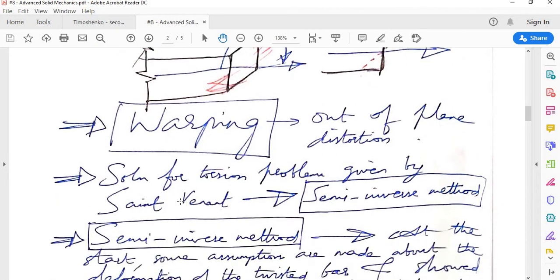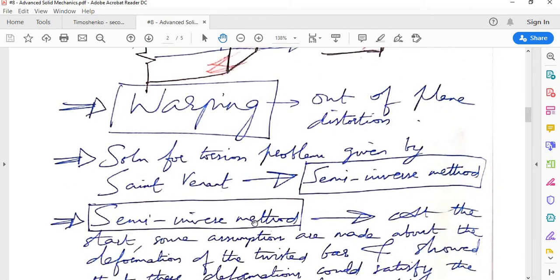Now, how Saint Venant arrived at the solution was that he employed a semi-inverse method. Semi-inverse method is a way of arriving at a solution. In the semi-inverse method, we don't know the exact solution, but we start out with an approximation or assumption: this could be the solution.